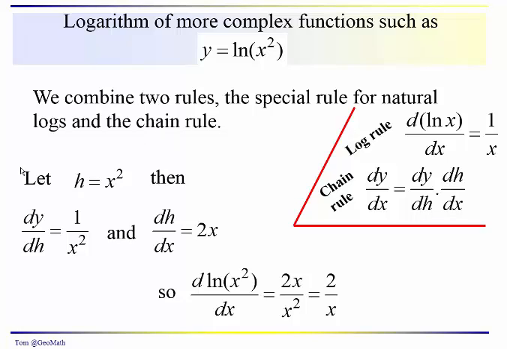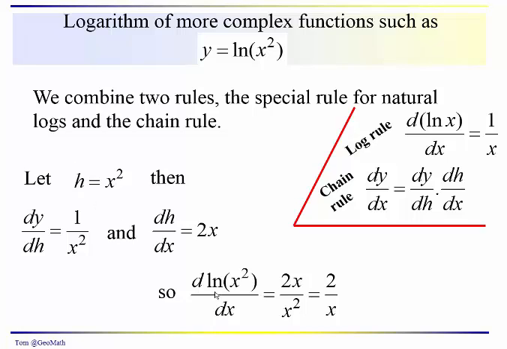So we've got y is equal to the natural log of x squared. We let h equal x squared. Dy dh, fairly simple, is just 1 over x squared. But then we have to multiply that by dh dx. Our dh dx is 2x.